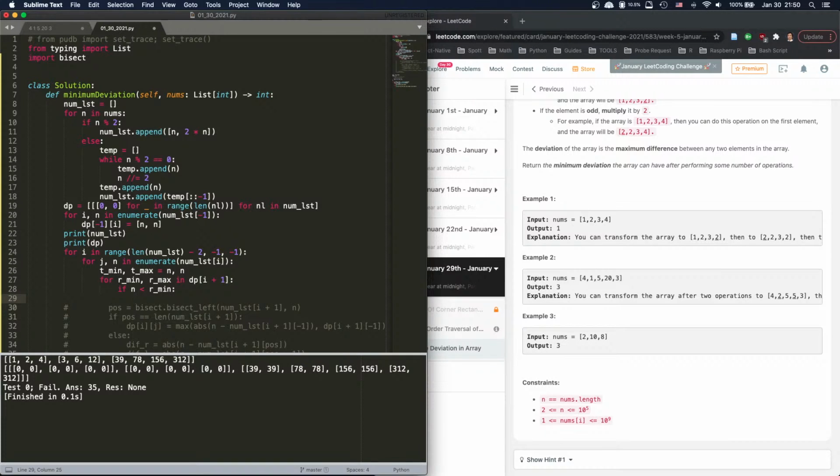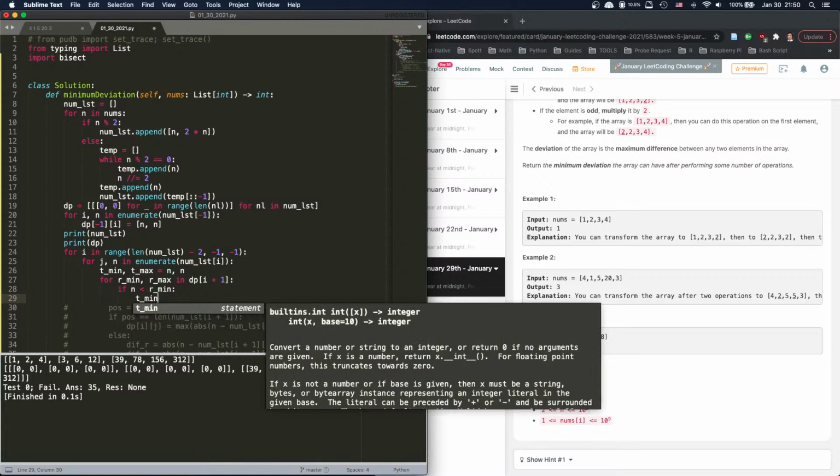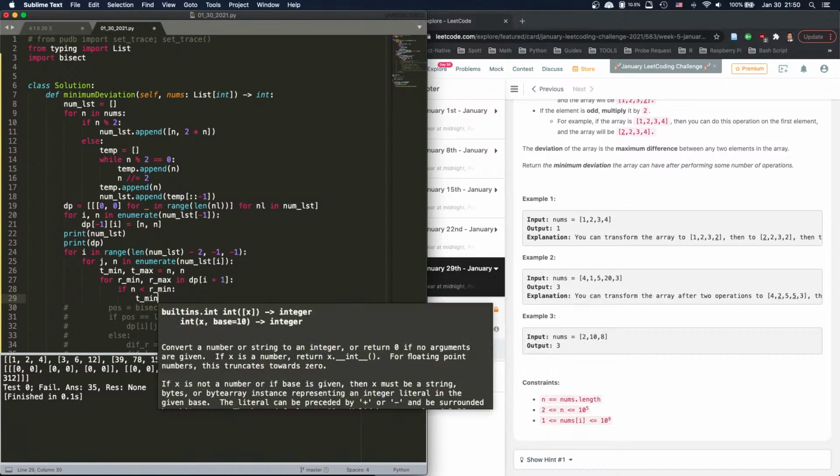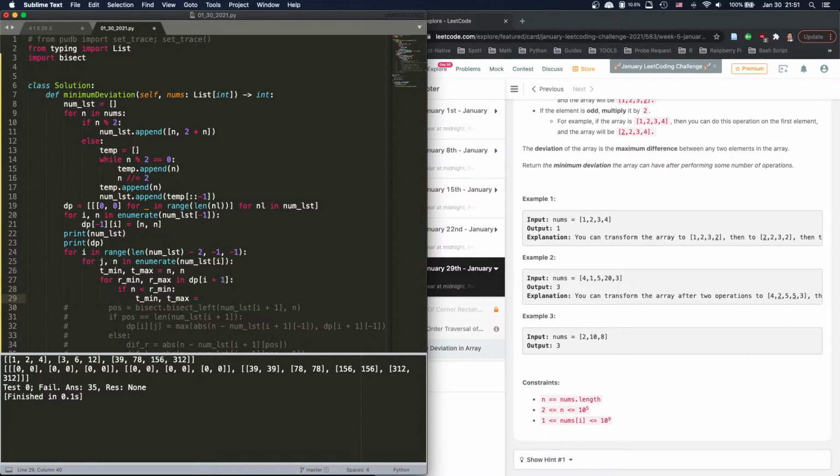Then if n is smaller than temp min, then temp min has to be changed, temp max equals r max.